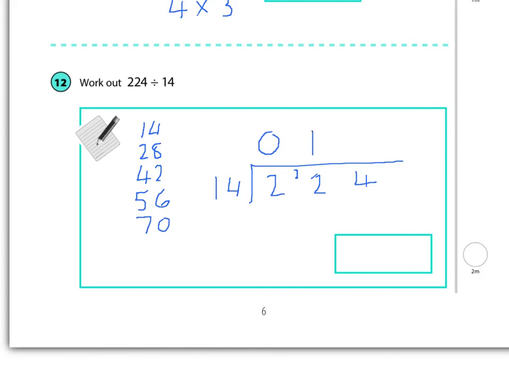Well, only one 14 fits into 22, with a remainder of 8. Now, how many 14s go into 84? Well, it's funny, I actually stopped at the 5th answer. If I'd gone to one more answer here, it would have actually given me 84 in the times table I was writing out. So the answer is, it's the 6th answer. So it goes in 16 times.